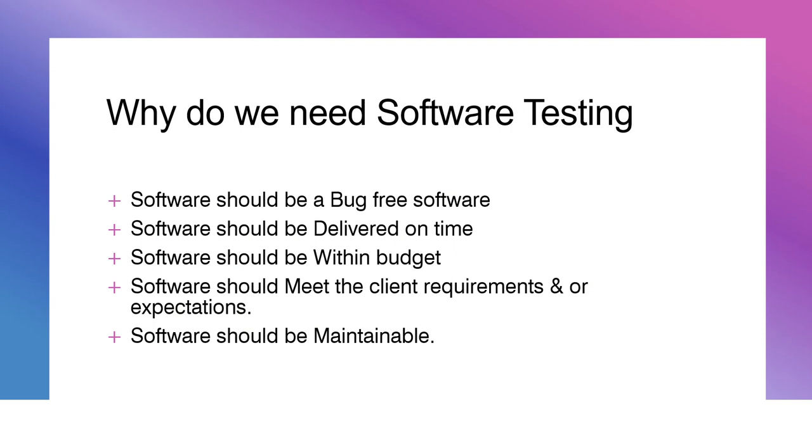We humans can't identify the mistakes in our own work, so we should get someone else to check our work, because another person may identify the defects we made. This cannot be done by ourselves, so we need another person who can identify our mistakes. In the same way, software developers may not identify the mismatches in the program or application implemented by them.